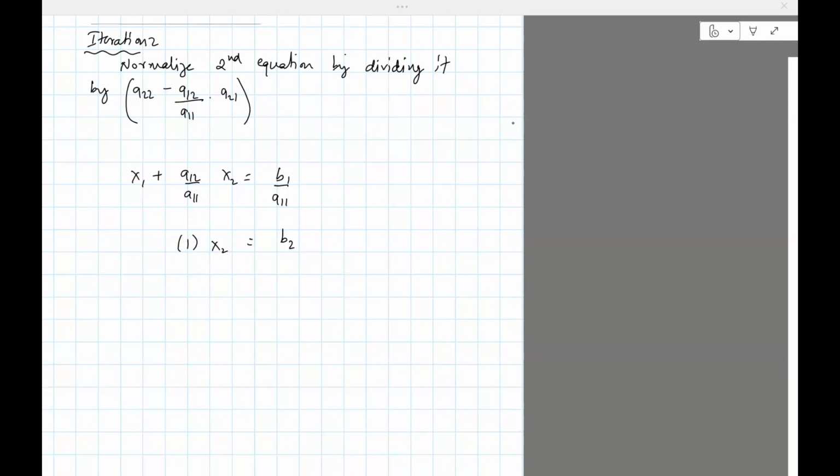Okay. So B2 minus B1 over A11 times A21, divided by A22 minus A12 over A11 times A21. It's just a mess, right? It won't be so much of a mess when you do it numerically.